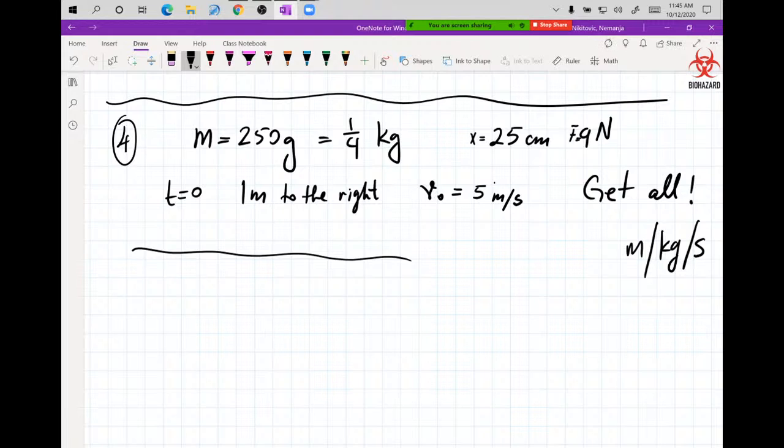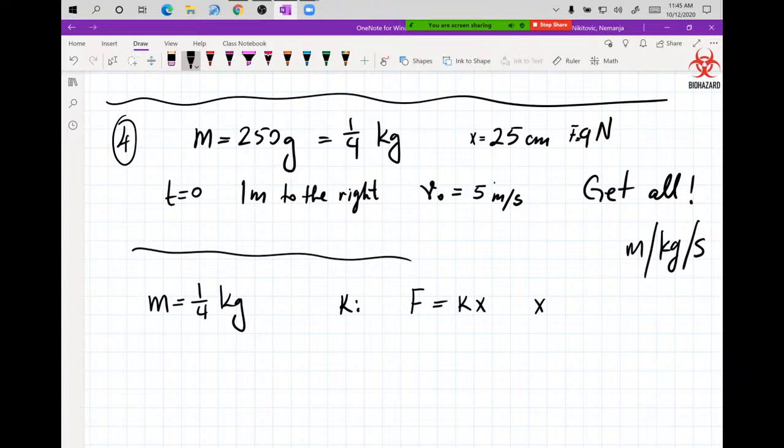I have my mass as 1/4 kilogram. That's a win. Then for the spring constant K, if you remember, it was involved in Hooke's law, which was force equals K times the distance covered.